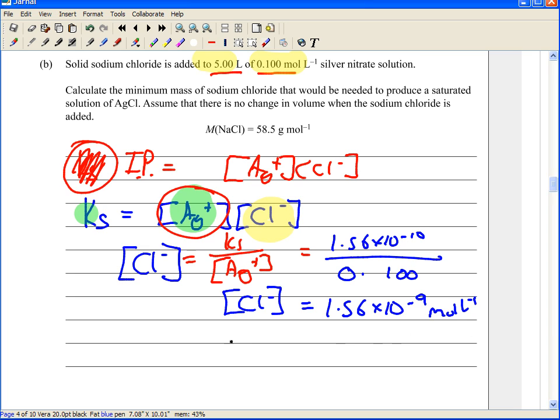So if that's that many chloride per litre, then how much NaCl do I add per litre? Exactly the same moles. Why? Because if I'm adding NaCl, I'm adding 1 lot of Na and 1 lot of Cl. If I'm just adding Cl, I'm adding 1 lot of Cl.